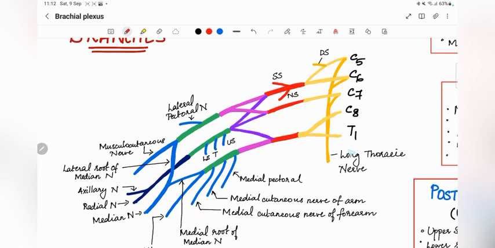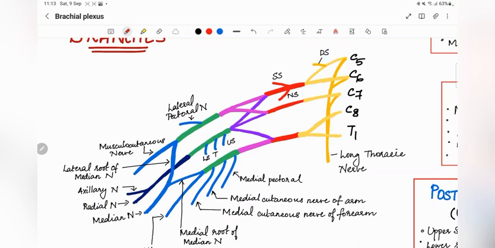The long thoracic nerve arises from the roots of C5, C6 and C7. So the root value will be C5, C6, C7 for the long thoracic nerve, and this nerve supplies the serratus anterior muscle. The next nerve that arises from the root of C5 is the dorsal scapular nerve, which supplies the rhomboids.